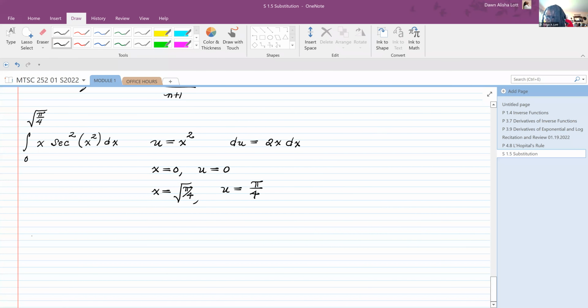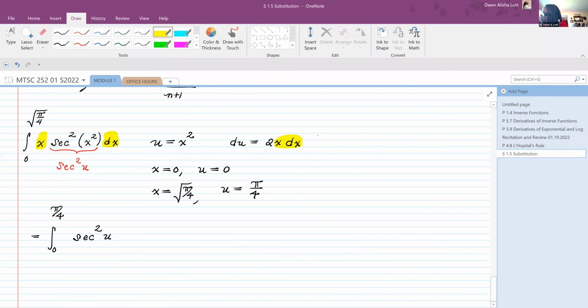So this becomes the integral from 0 to pi over 4 of secant squared of u, this piece becoming secant squared of u. I have x dx left over.